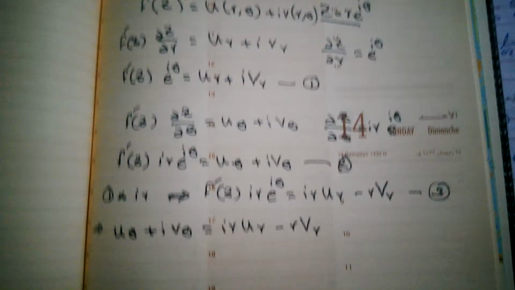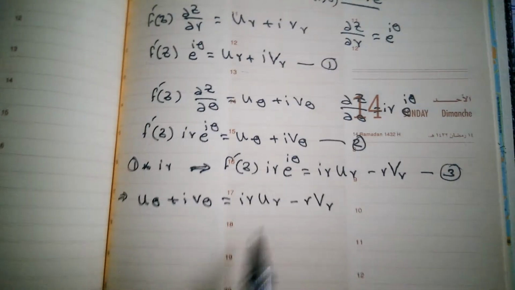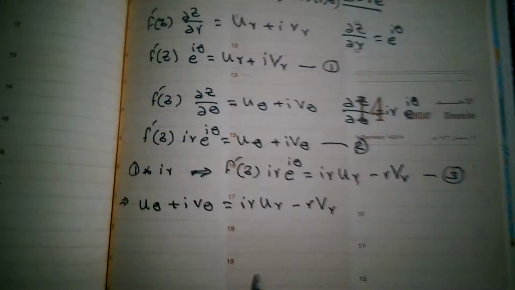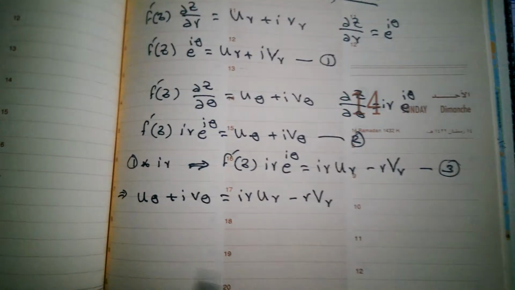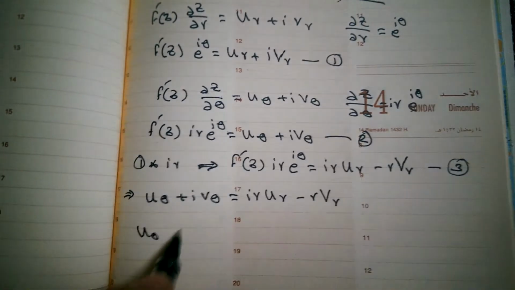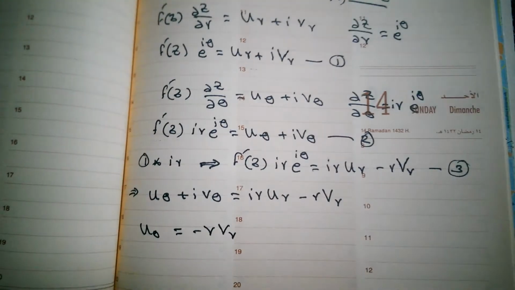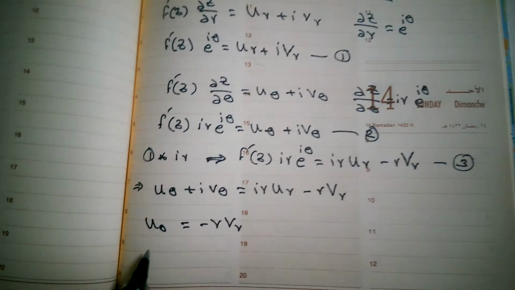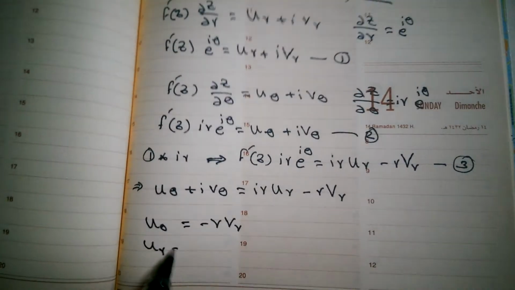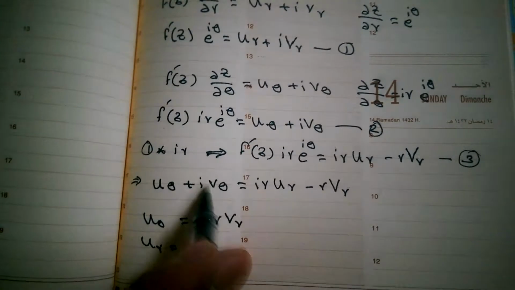Two complex numbers are equal if their real part and their imaginary part are equal. So u sub theta is equal to what? Minus r v r, and u sub r is equal to what?